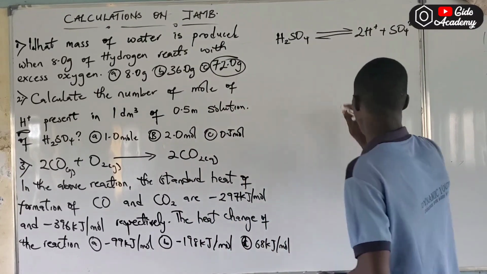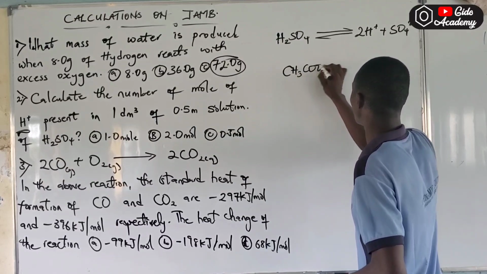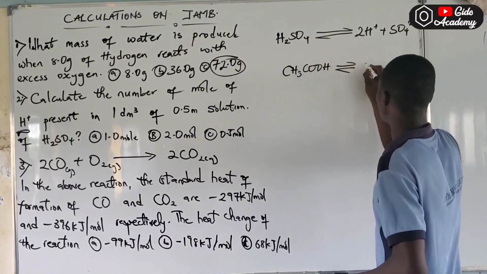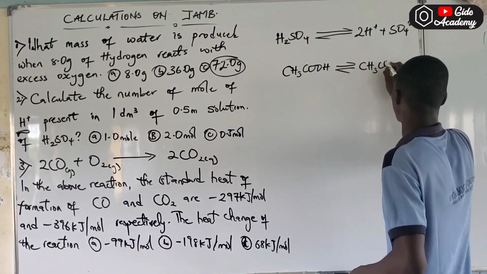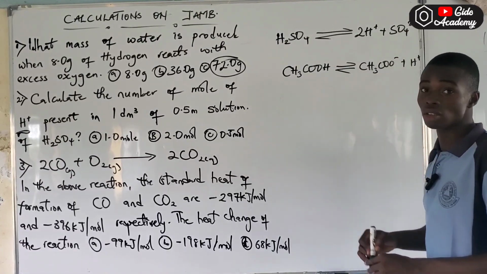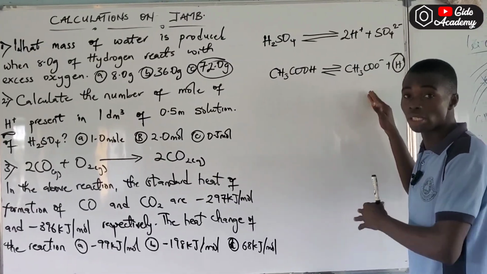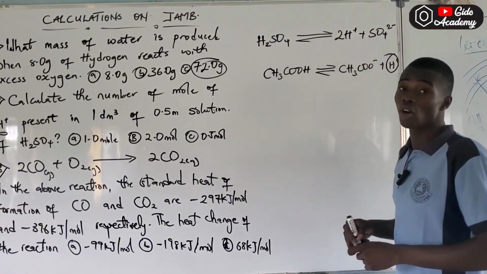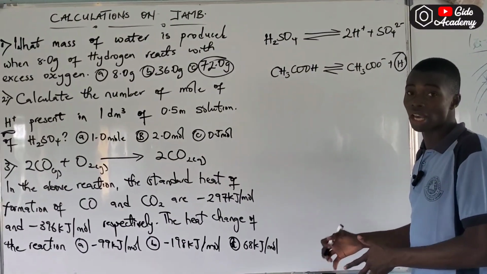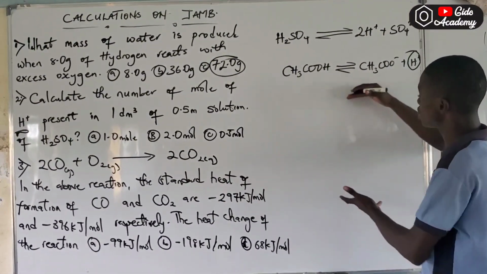Tribasic. If I have something like CH3COOH, on ionization this is going to give me CH3COO negative plus a hydrogen ion. So we have just one hydrogen ion here, so we call this monobasic. If you have it like this, you call this dibasic. And if you have something like phosphate, if you have 3 there, it is called what?